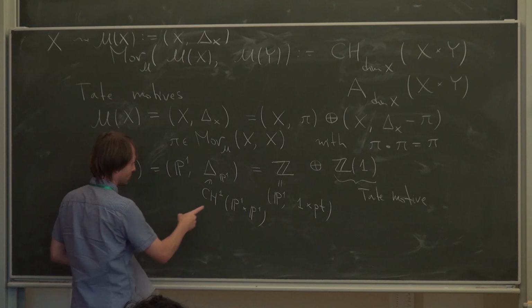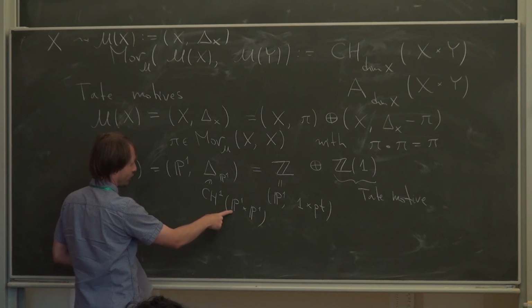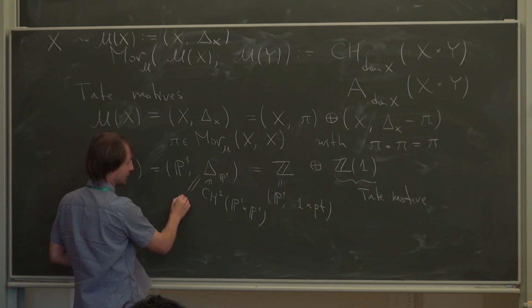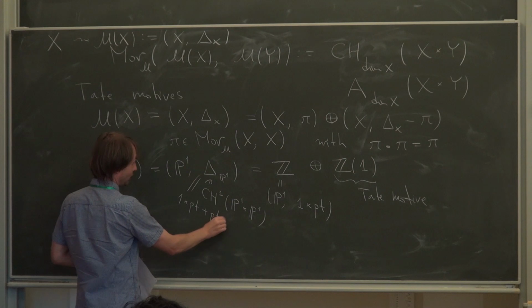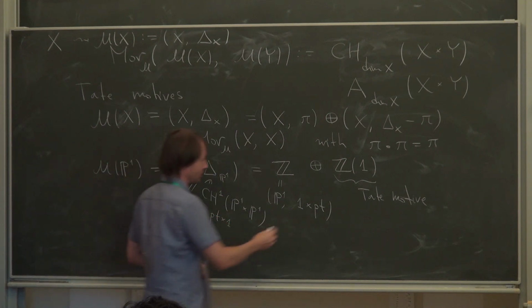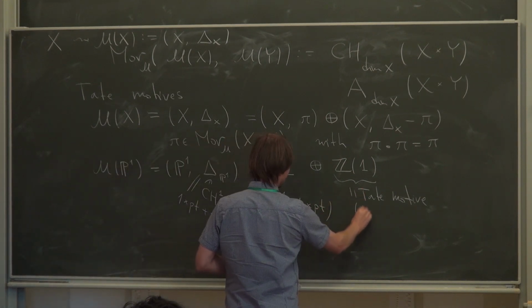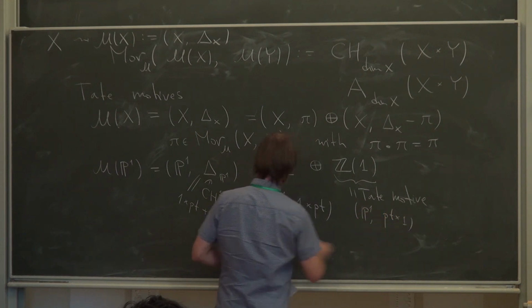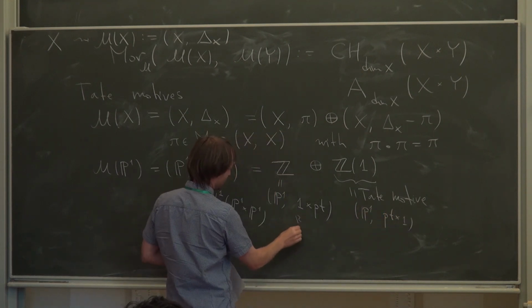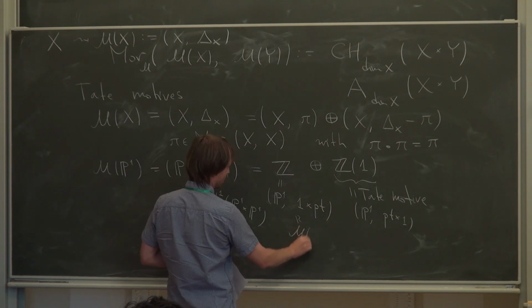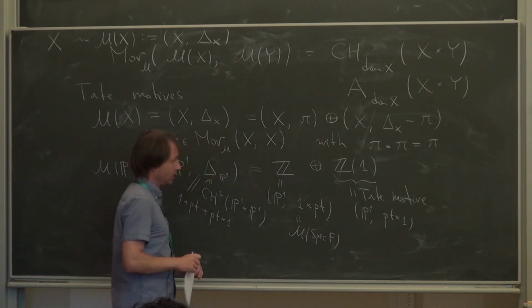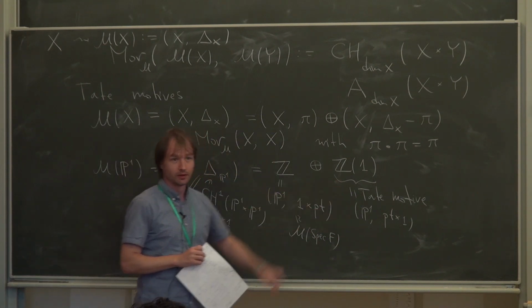It has a concrete formula: there are classes, there are points, and there is P1 itself. So the diagonal looks like 1 times point plus point times 1. And this is exactly the decomposition. This motif is actually isomorphic to the motif of a point, and this is, by definition, the Tate motif.